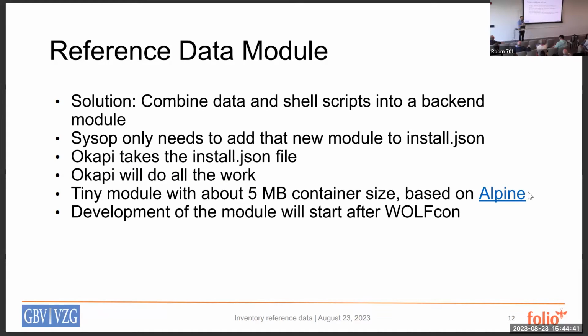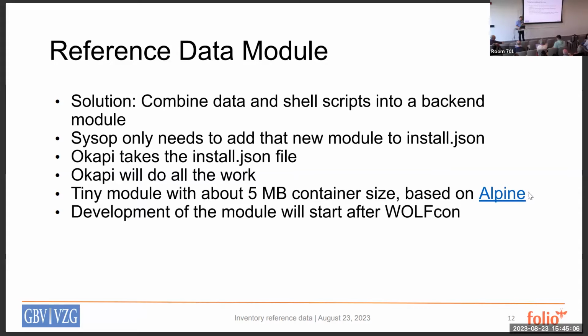And once we do this, everything is fully automated because Okapi knows what to do. And this module will be very small, maybe 5 megabyte container size, because it's based on Alpine. And bad news, this module is not ready. I haven't started, but it will start after WOLFcon.